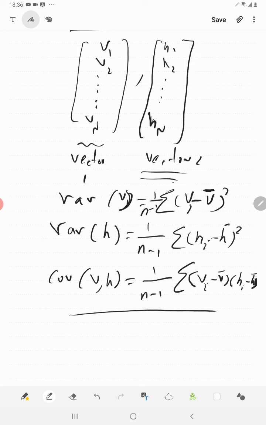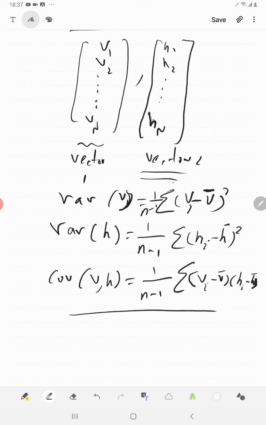Now, covariance between u1 and u2, we can do it this way. COV in MATLAB, covariance between u1 and u2, will give you a 2 by 2 matrix. And we can do it the same way.